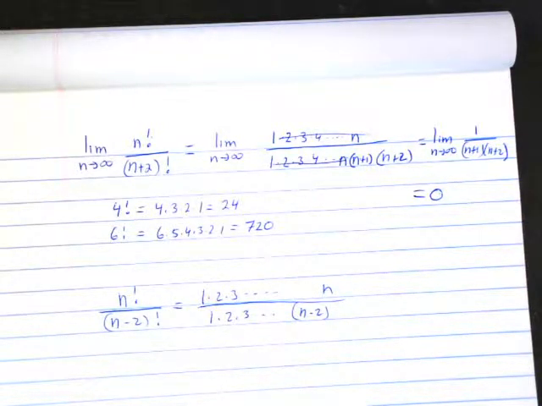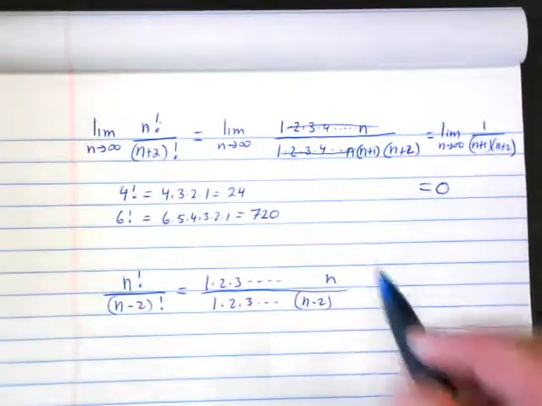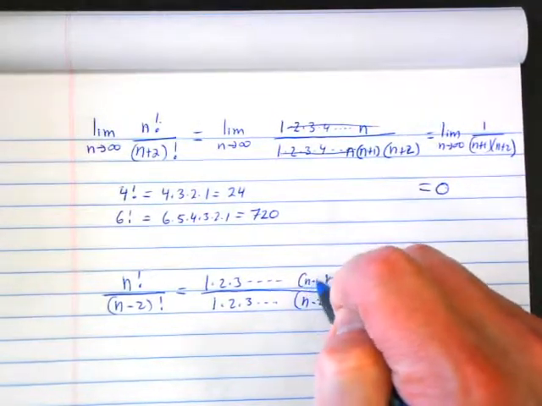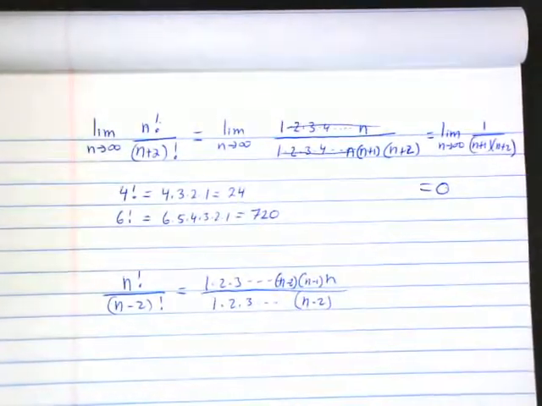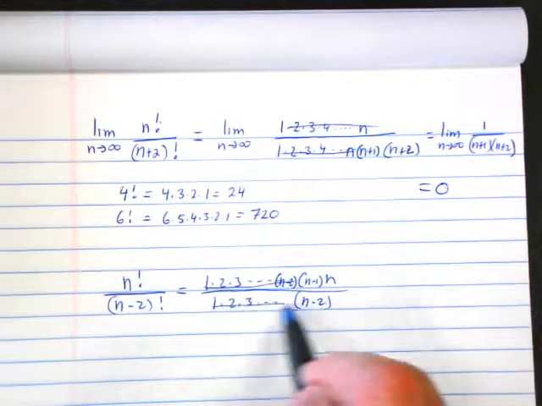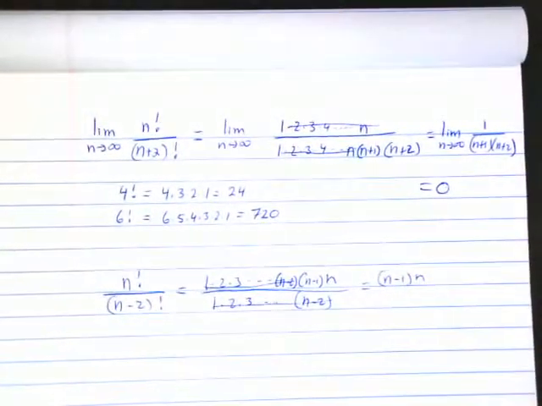Well, the 1s, the 2s, the 3s obviously cancel out. When do I stop canceling? At n minus 2, because n is bigger than n minus 2. So right before the n comes an n minus 1, and right before that comes an n minus 2. So this one would be a divergent sequence. The top is bigger than the bottom. That would be infinity over 1, which would be infinity. It would be divergent.